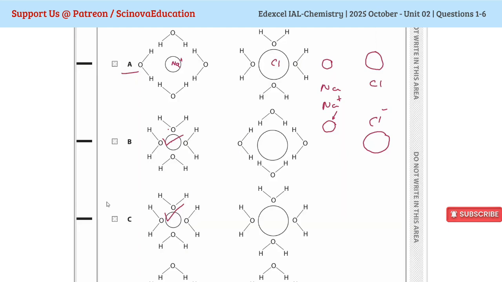And when it comes to chlorine, negative chloride ions interact with the positive end of the OH dipole, which is shown correctly in option B. But in option C, chloride ions are shown interacting with negative oxygen ends, which is not correct. Therefore, the only correct answer is option B.